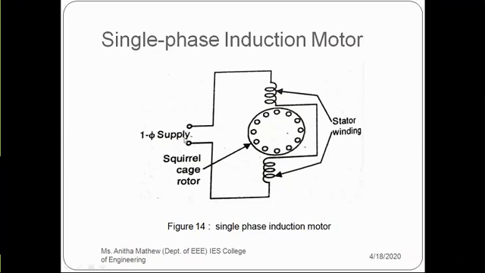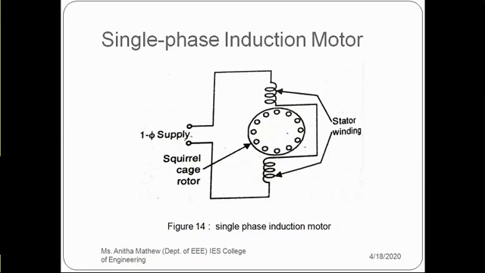When we are giving single-phase supply to the stator, a magnetic field will be developed, as in the three-phase induction motor. But the difference is, in three-phase induction motor, a rotating magnetic field is developed. This rotating magnetic field cuts the rotor and EMF is induced.